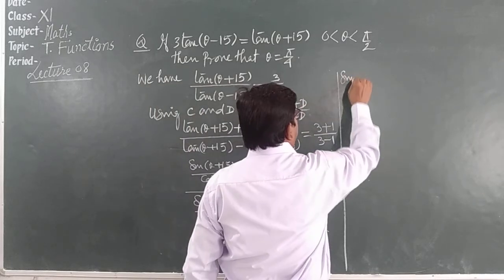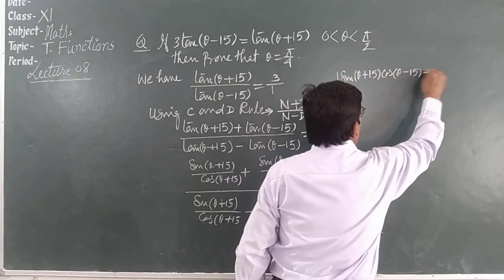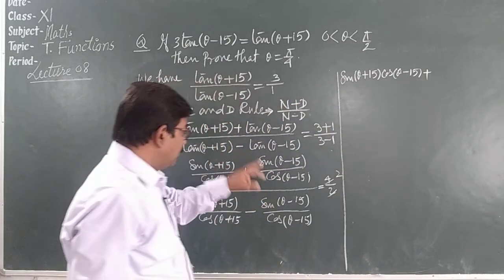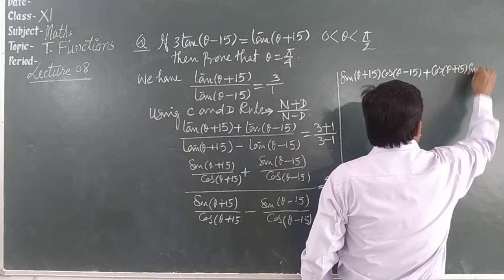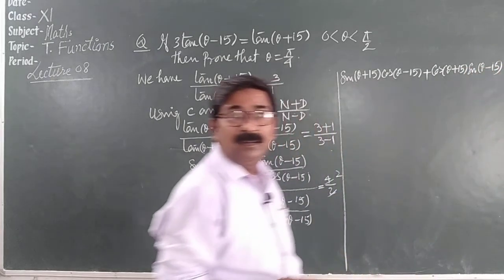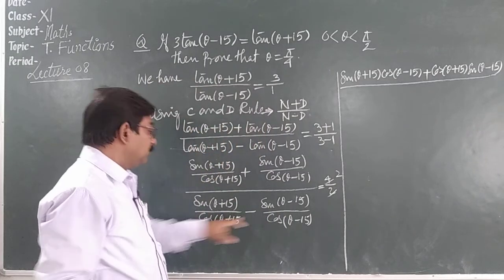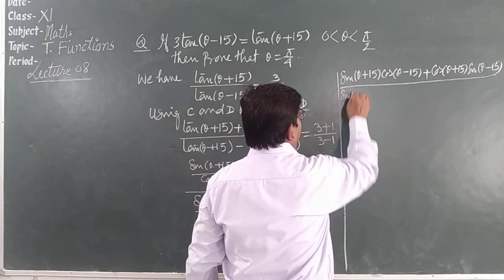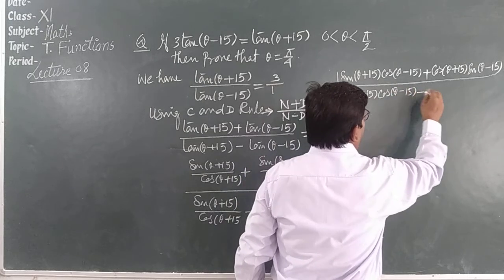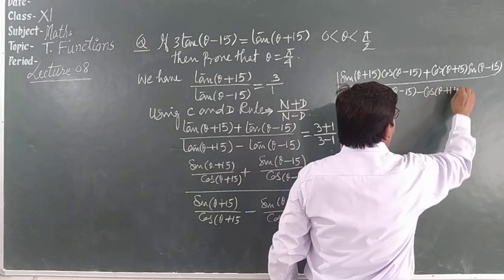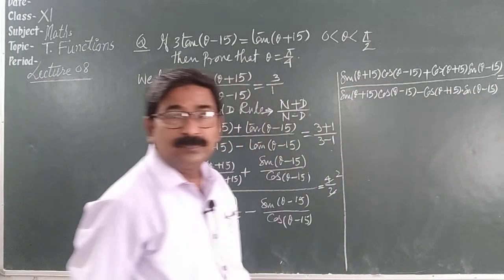We have sine theta plus 15 cos theta minus 15 plus cos theta plus 15 into sine theta minus 15, upon the LCM cancelled, the same terms with minus sign: sine theta plus 15 cos theta minus 15 minus cos theta plus 15 into sine theta minus 15, is equal to 2.